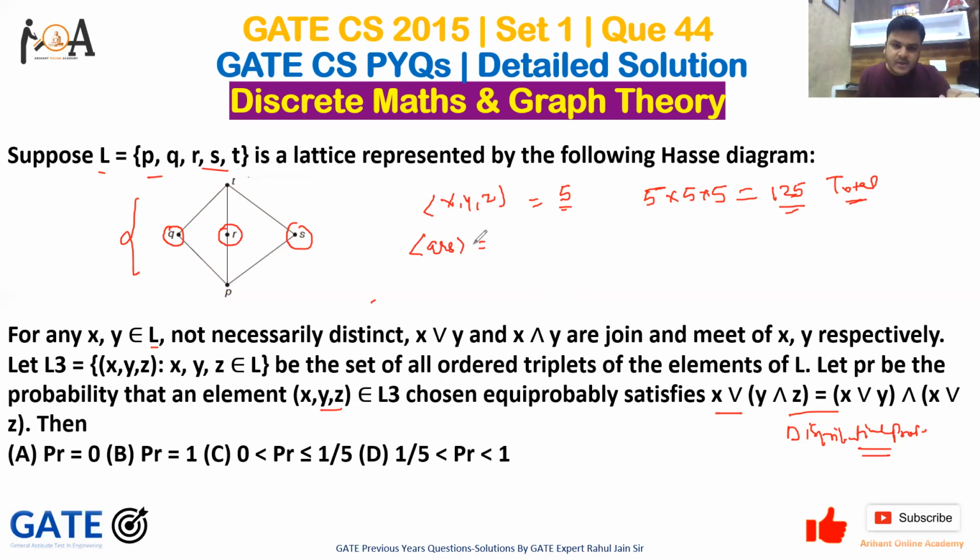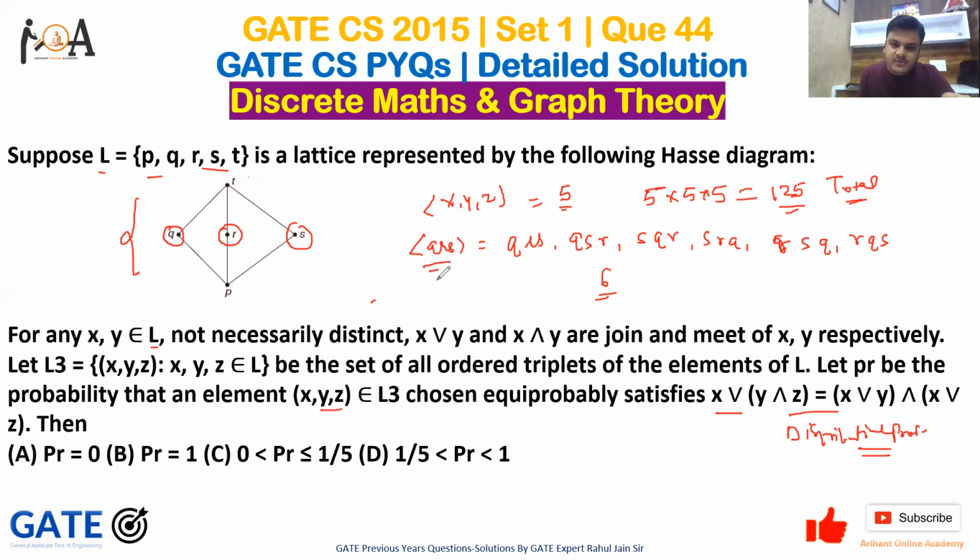So the triplets QRS, QSR, SQR, SRQ, RSQ, or RQS, these 6 triplets will not be part of the selected set.